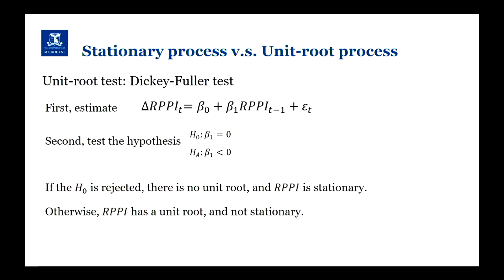Using the t statistics, if the null hypothesis can be rejected, where the coefficient of beta 1 is significantly less than 0, or significantly negative, we will say the data series, or the price index, is stationary. Otherwise, it's not stationary and it has a unit root.